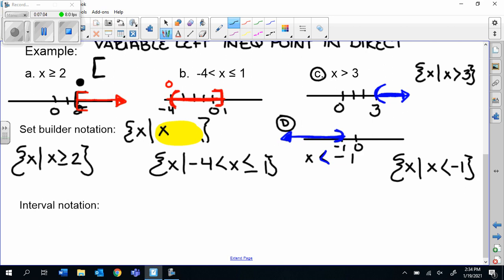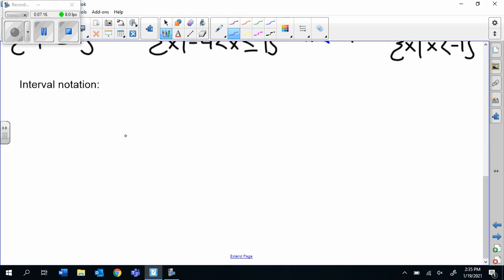All right, we're going to go through it one more time, and now I'm going to talk about interval notation. So I'll switch colors here so it kind of stands out. Now, interval notation, it's either going to be soft-sided parentheses if it doesn't include the number, or it's going to be brackets if it includes the number.